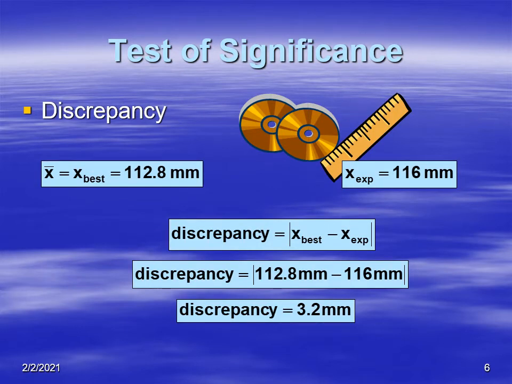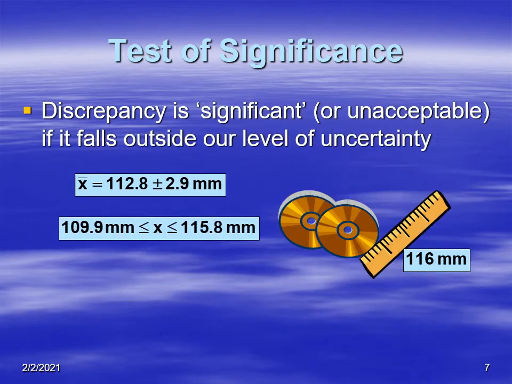To calculate the discrepancy, we look at our measurement, which is 116 millimeters. We look at our average, our best estimate, which is 112.8, and take the positive difference between those. So 116 minus 112.8 gives you 3.2, and that's our discrepancy.